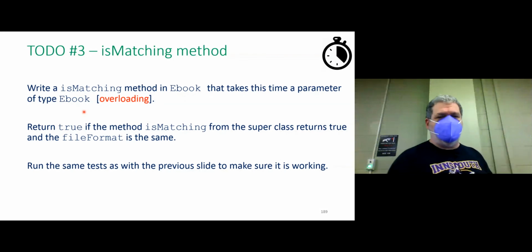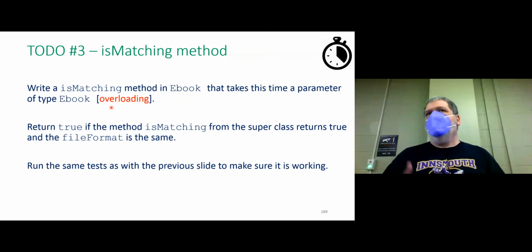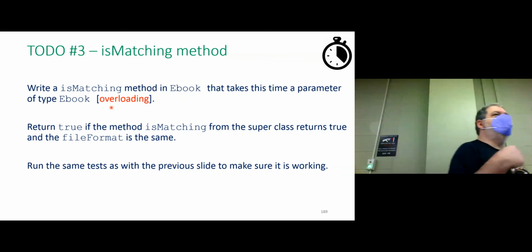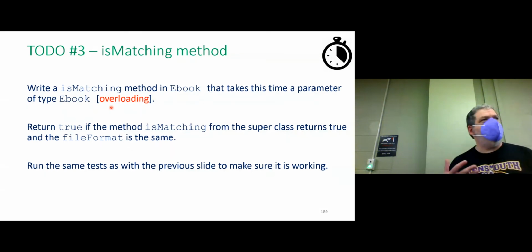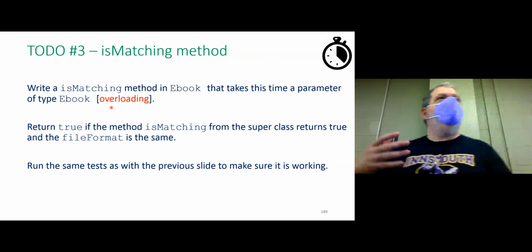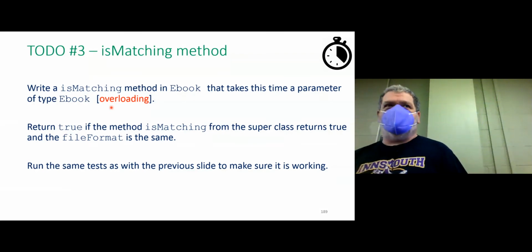Now we are going to write something in the ebook class, and because it takes an ebook as parameter, it's not the same parameter type as the previous version. The previous version took a book. This one takes an ebook. So we are dealing here with overloading. Remember, overloading is same name for the method, same return data type, but different number and/or type of parameters.